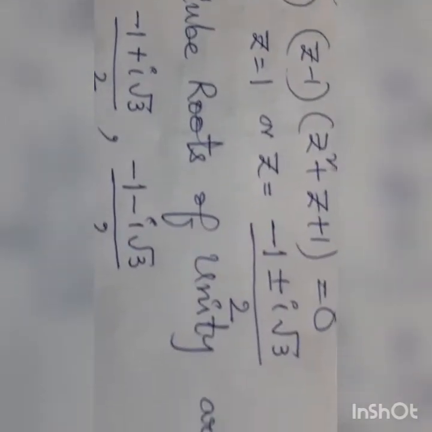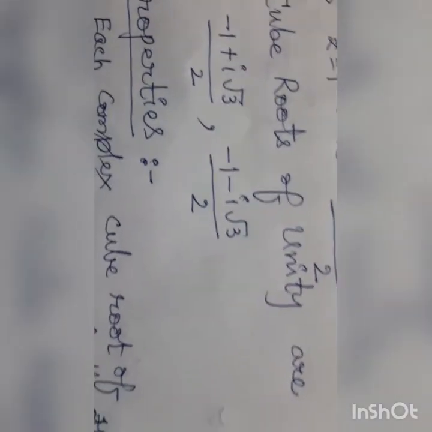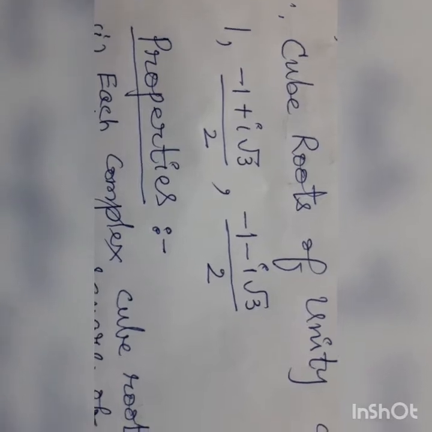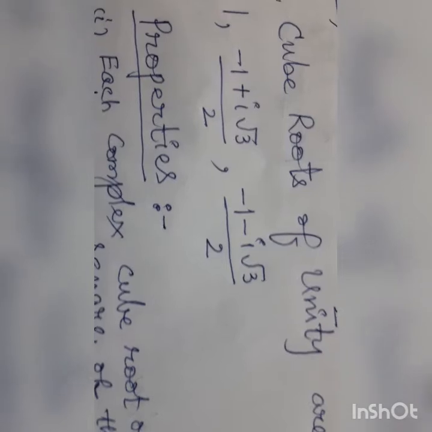Therefore, cube roots of unity are 1, minus 1 plus i root 3 by 2, minus 1 minus i root 3 by 2.